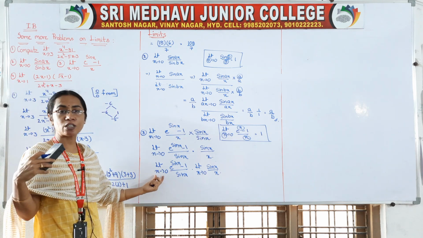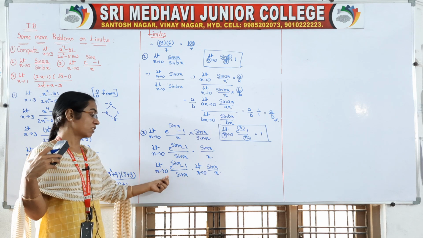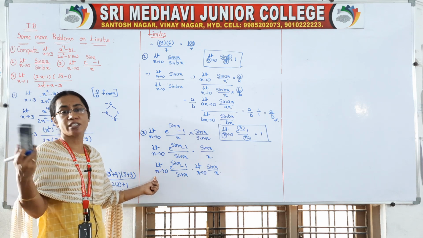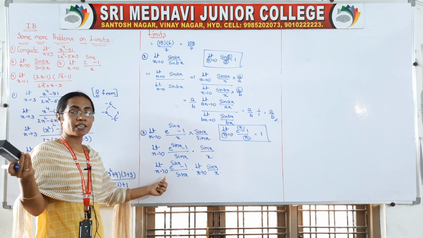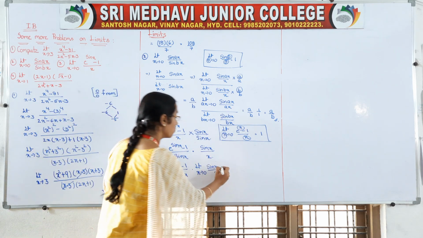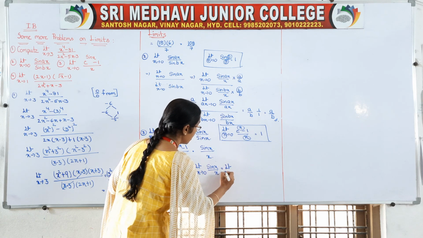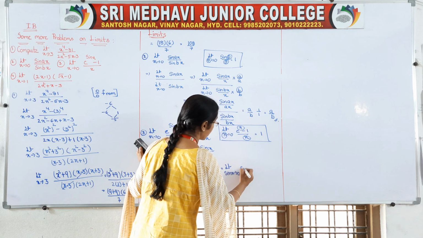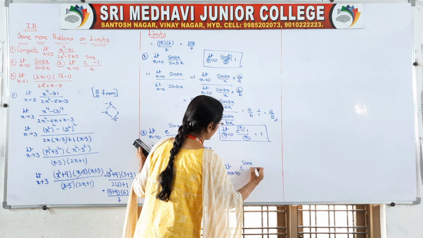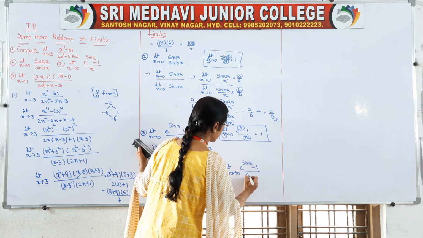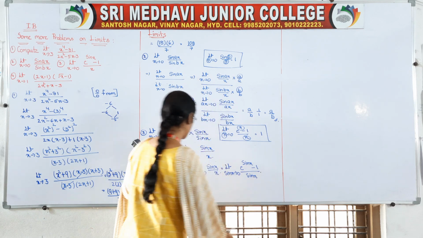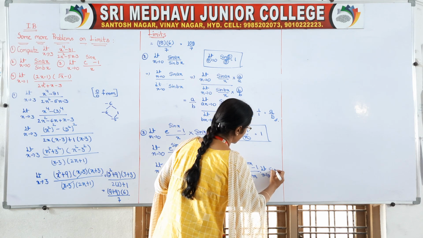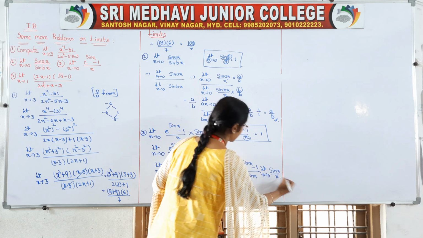So, limit also definitely, if x tends to 0, x value is equal to 0, sin 0 is 0 only. That means sin x tends to 0. So, we can write this as limit sin x tends to 0 of (e to the power of sin x minus 1) by sin x, okay, into limit x tends to 0 of sin x by x.